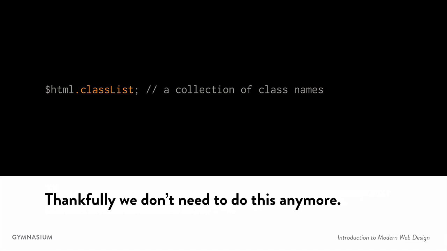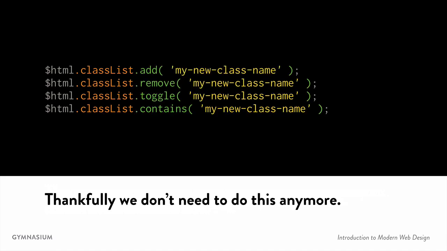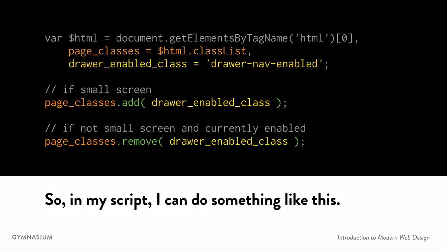And we have methods available to us to add, remove, toggle, which means to add if it doesn't exist in the classList already and remove if it does. And then we also have the ability to check and see if a particular class is contained within the classList.